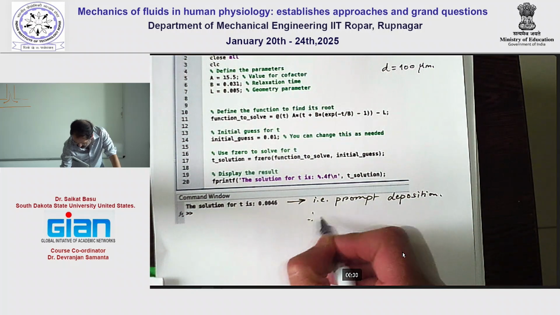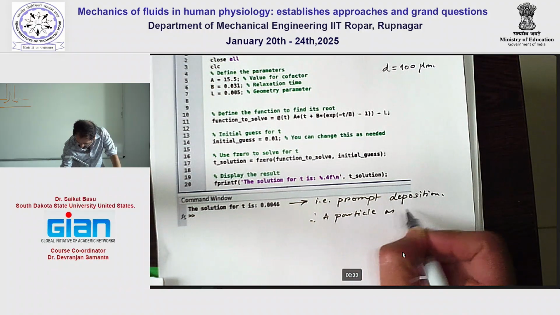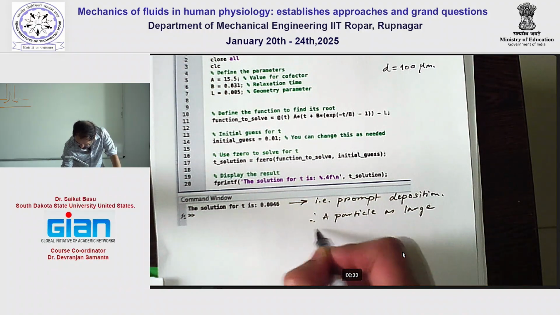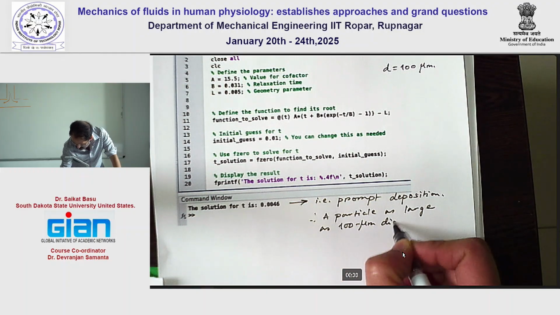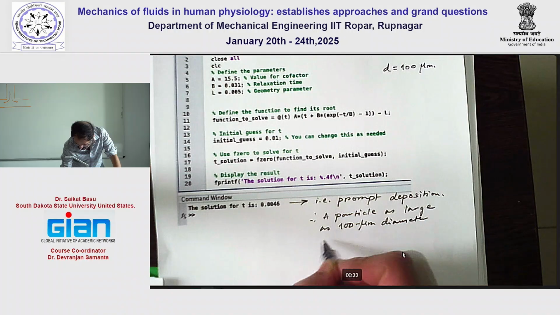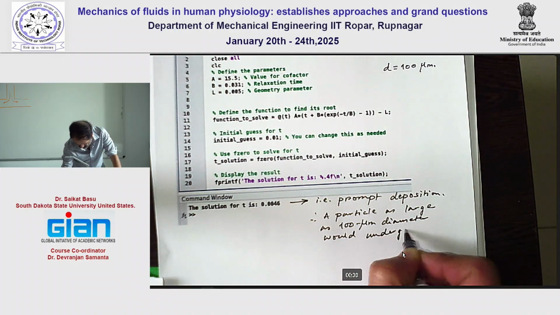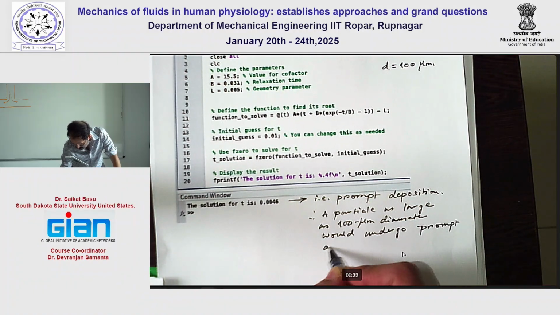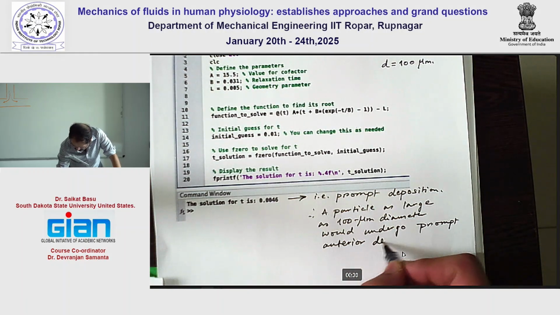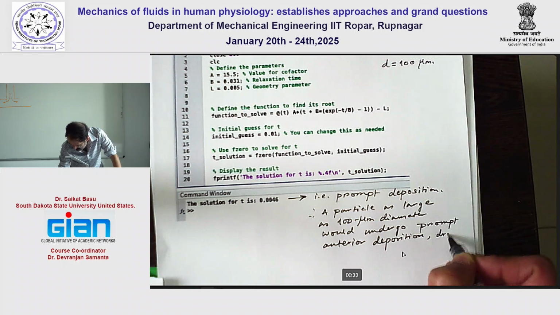Therefore, a particle as large as 100 micrometer diameter would undergo prompt anterior deposition driven by inertia effects.